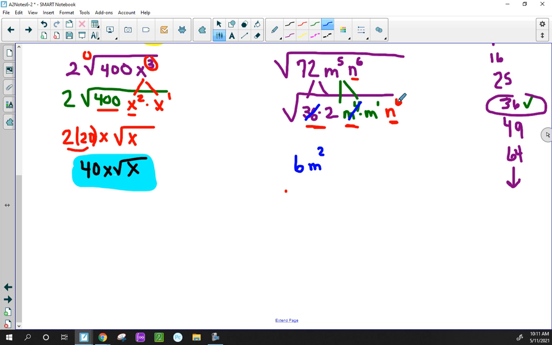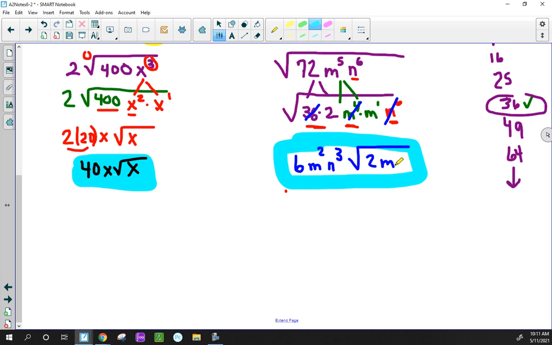The square root of n to the 6th is n to the 6 divided by 2, which is 3. What's remaining underneath the radical must stay underneath the radical. We've got a 2 in there and an m. So the final answer for question 4, 6m squared n to the 3rd times the square root of 2m.